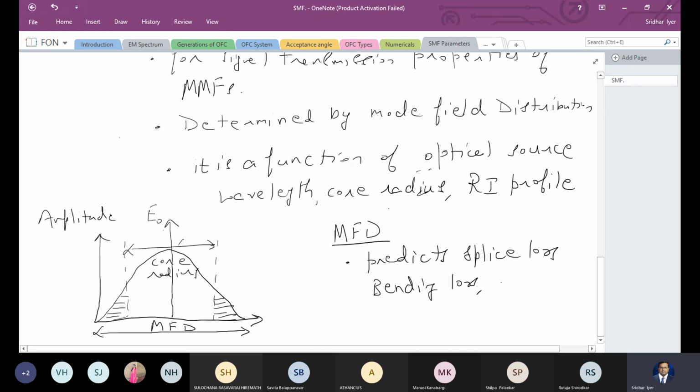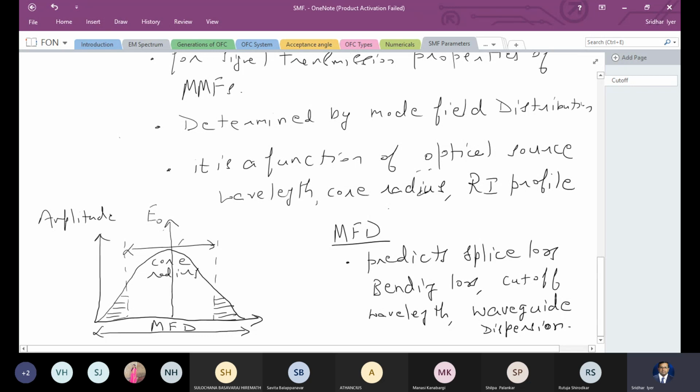Right? The mode field diameter also helps us to find the cutoff wavelength. This aspect we have already done, lambda c, how to calculate this. And it also helps us in evaluating or predicting one type of dispersion known as waveguide dispersion. This again we are going to discuss in detail in module 2 when we talk about dispersion.